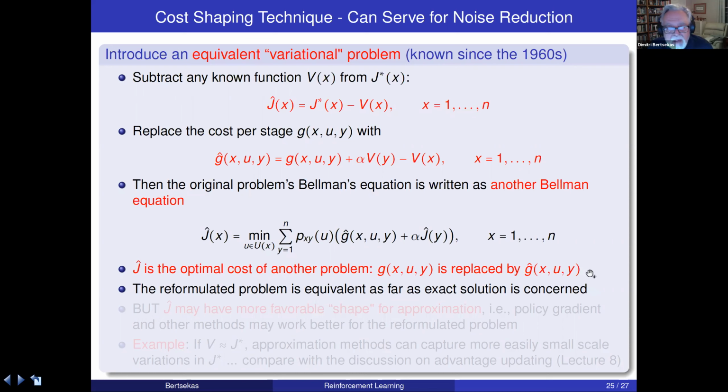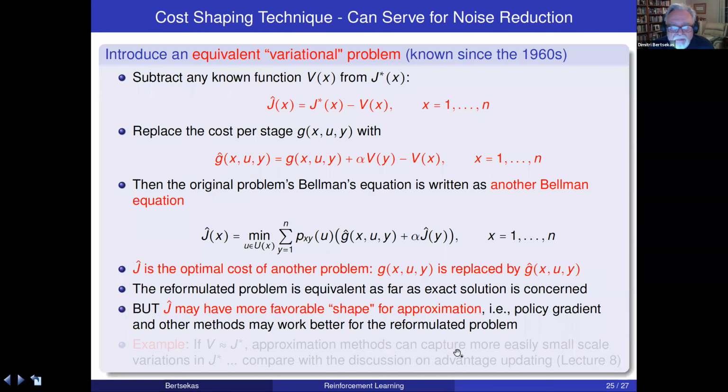You're going to get the same thing. However, this reformulated problem may have a more favorable shape for approximation, okay? Once we consider approximation methods, be they approximation in value space and policy iteration, or policy gradient, or random search, or other methods, they will give you different results from the J hat problem than for the original J star problem.